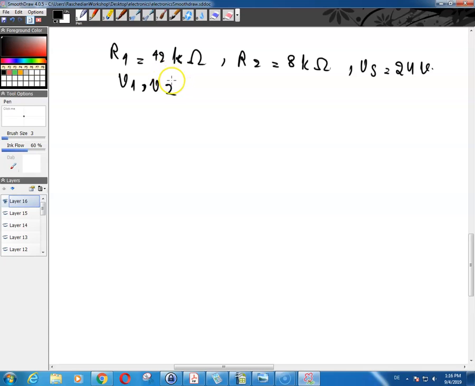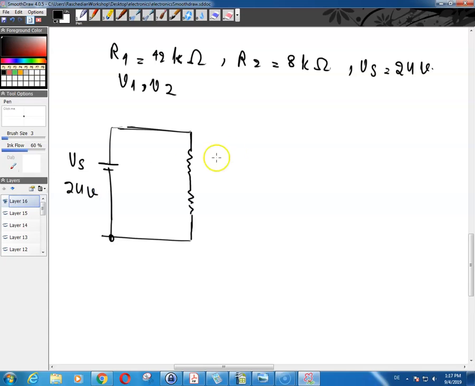So you have one resistor over here, another resistor over here, and this is connected to some power supply. This power supply is 24 volts, V of S is equal to 24 volts. Suppose that R1 is equal to, for example, 12 kilo ohm, and R2 is equal to 8 kilo ohm.